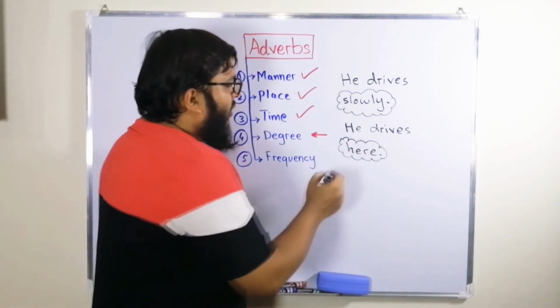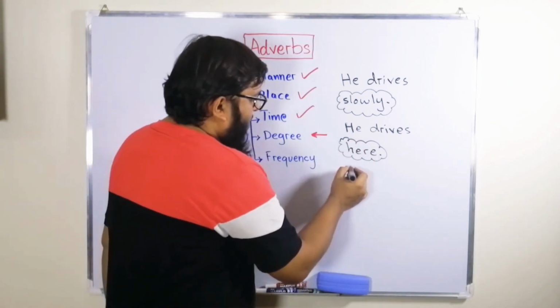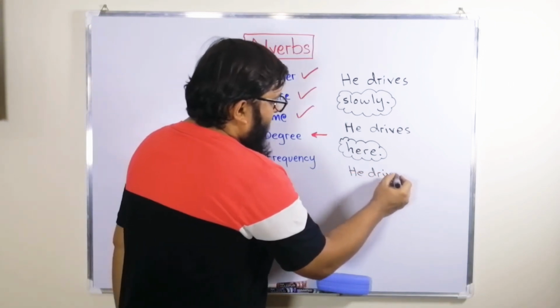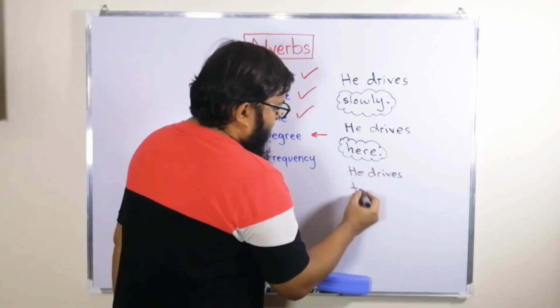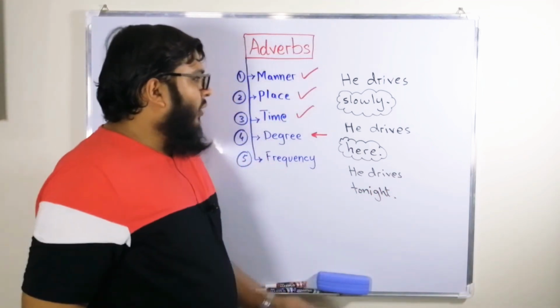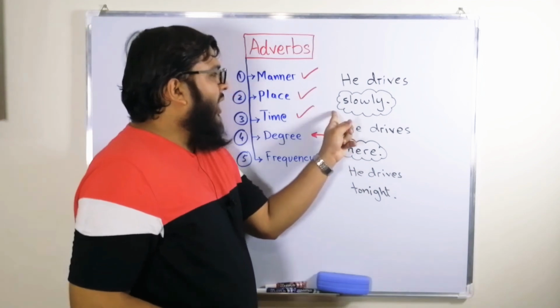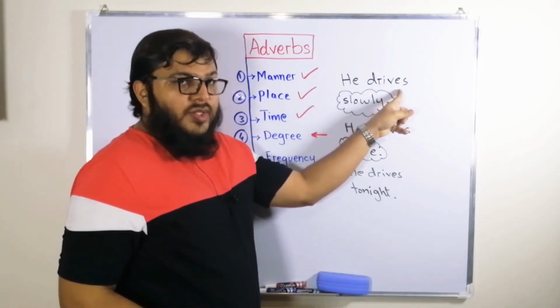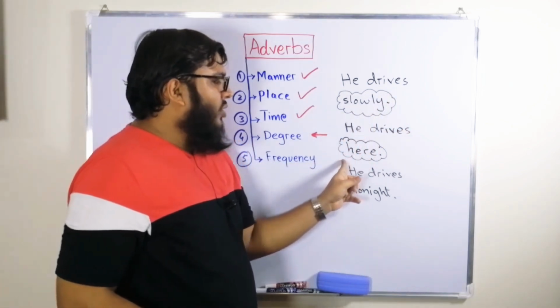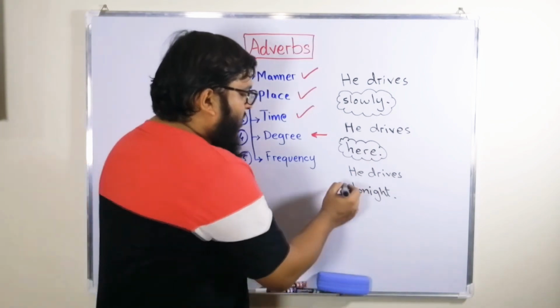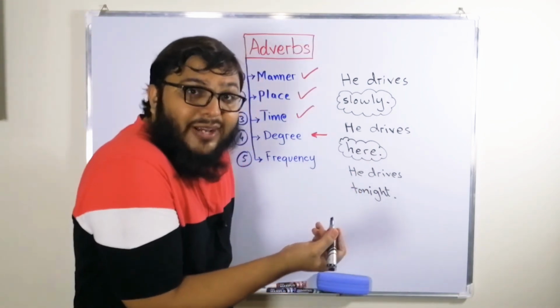And now the third example is he drives tonight. So here, the adverb is talking about how the action happened. Here it talks about where an action happened without a preposition. And here it talks about, what does it talk about?